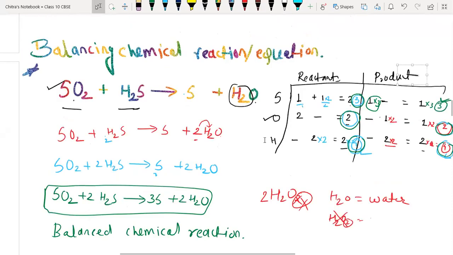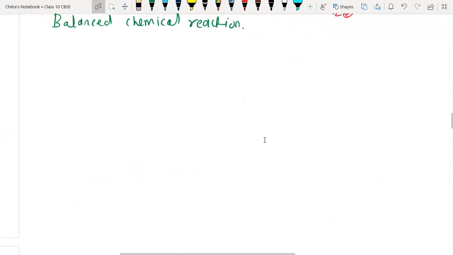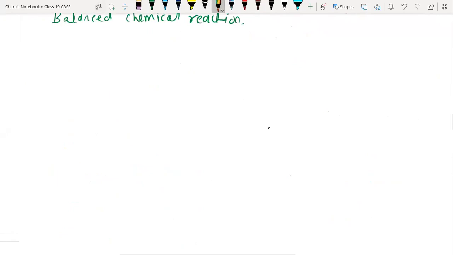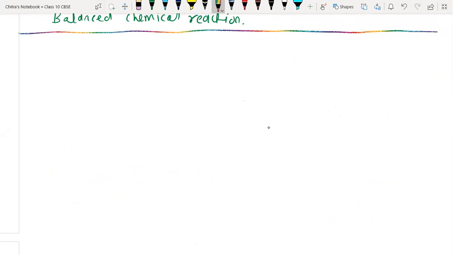Now we are going to balance the second reaction. In the second reaction, we have Ag.